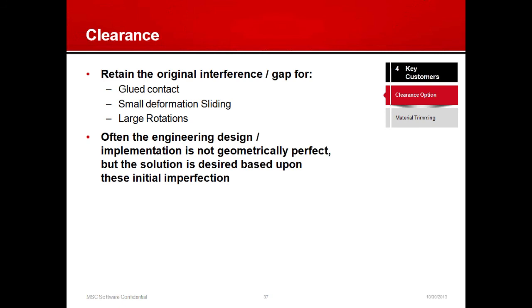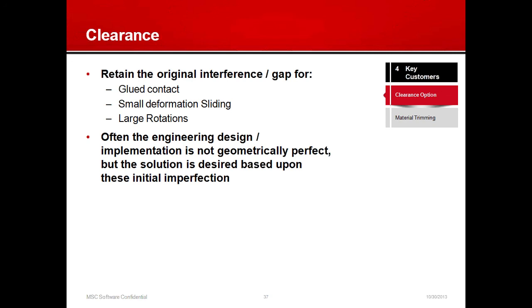Moving on to contact, we introduced again in 2013 an improved way of dealing with interference fits when you had a large amount of interference. We continued this on with what we call the initial gap option, some other folks call the clearance option.